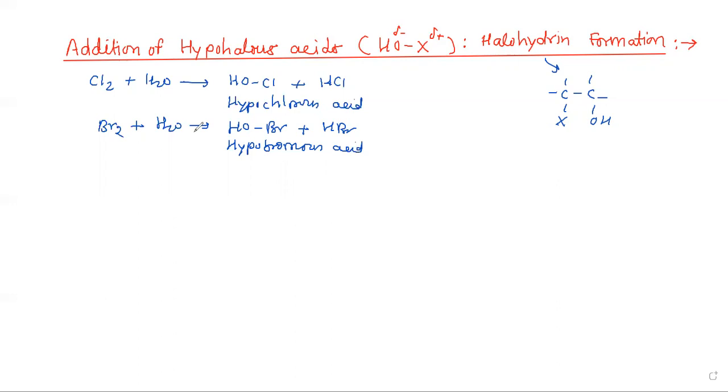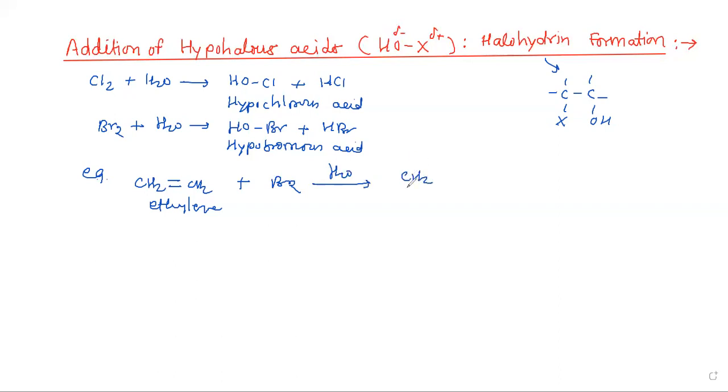Now these hypohalous acids add to the alkenes or compounds containing a carbon-carbon double bond. For example, CH2=CH2, this is our ethylene, plus Br2 in presence of water.